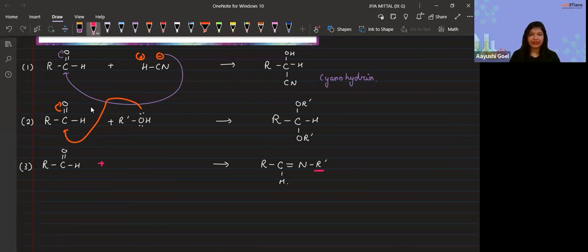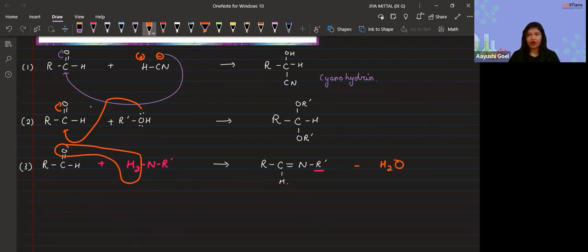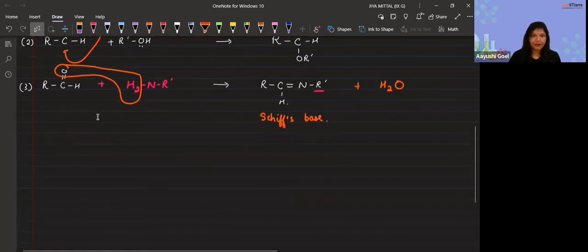I'm writing in the opposite direction so you can understand better. Water removal is occurring, and along with the formation of water, you get the Schiff base as the product.